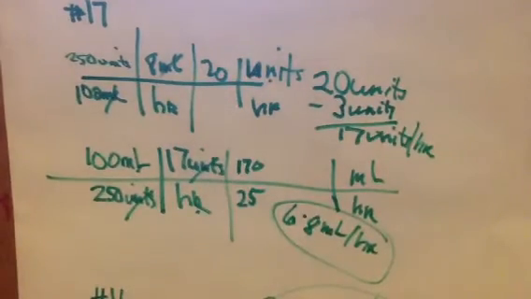That's what our patient will be getting to receive 17 units per hour. Again, if it starts out in mils and then we're decreasing by units, you have to find out what the units are.